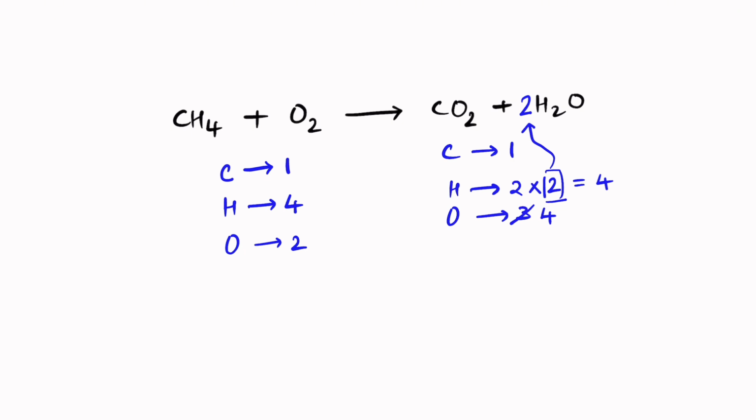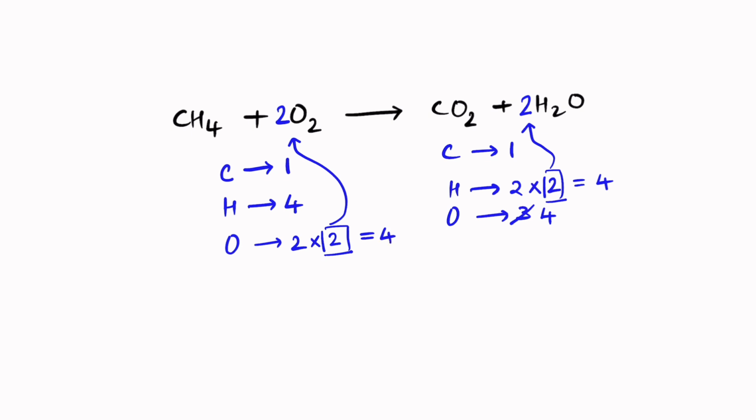As you can see, on the left we have 2, on the right we have 4. And as I mentioned previously, you want to multiply the one with the fewer number of oxygens with a factor that's going to make it equal to the one with the greater number of oxygens. So I'm going to multiply this with 2, and that 2 goes up and you can place it out here on the left. And that makes the total equal to 4 oxygens.